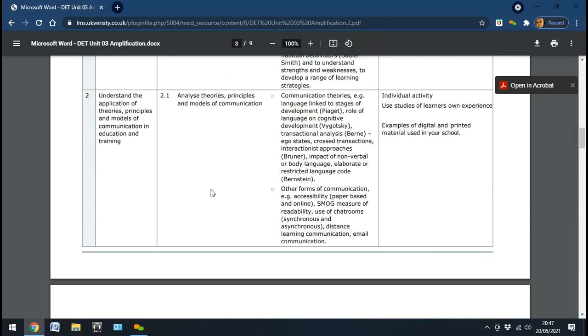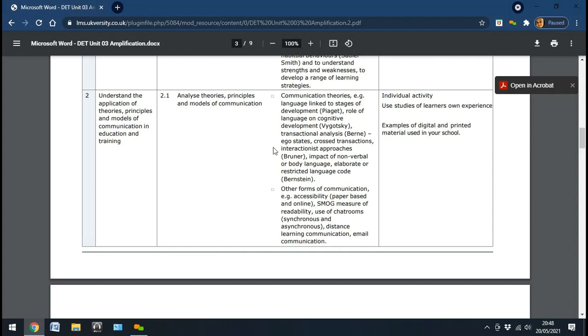Now, Learning Objective 2, it looks at understanding the application of theories and principles and models of communication in education and training. So it looks at communication theories, language links to stages of development, and it gives the theorists involved, the role of language on cognitive development by Vygotsky. He comes up quite a lot.